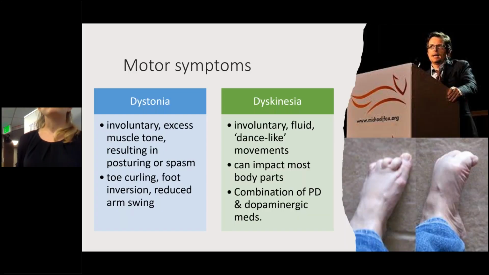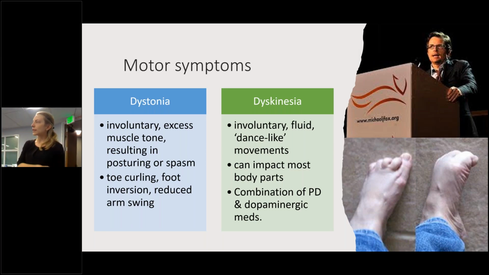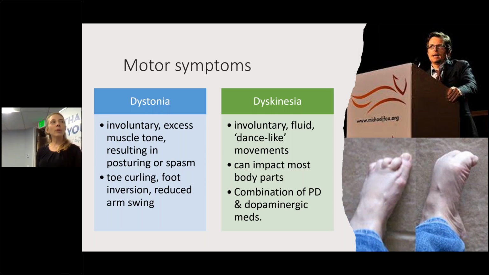The arm can be sort of strung into the body or postured with the hand. Yes. People can have dystonia separate from Parkinson's too, just so you know. Dyskinesia is what we call a dance-like movement, and other people call it different things.